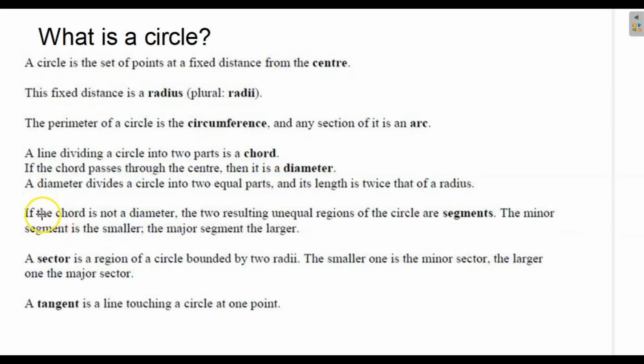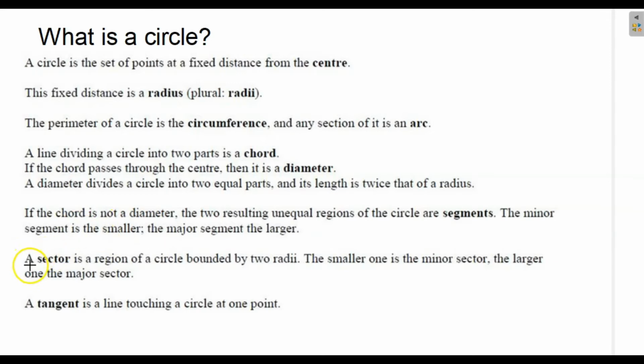Moving forward, if a chord is not a diameter, the 2 resulting unequal regions of the circle are segments. The minor segment is the smaller section and the major segment is the larger section. I'll be showing you diagrams to all these terms very soon.